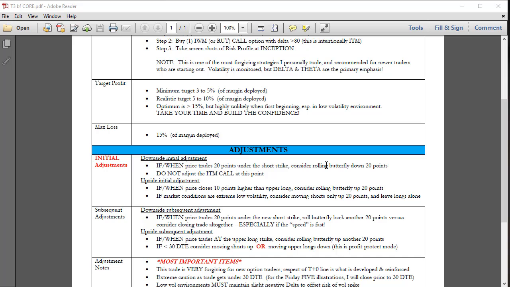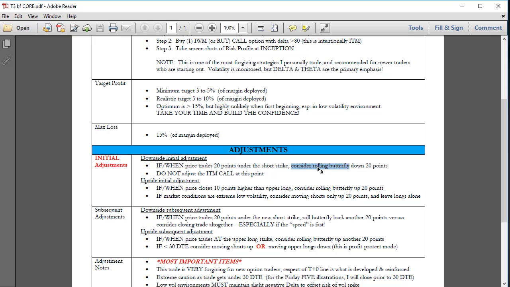Now, when you're starting out, just roll it down. Roll the butterfly back. There's plenty of time to salvage the trade if it reverses on you, but if it keeps dropping and you have not rolled the butterfly back, the spread gets wider, the fills get harder. So when you're first starting out, odds are better to just roll the butterfly back.